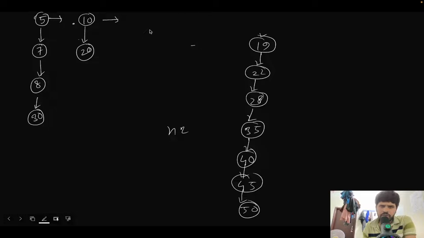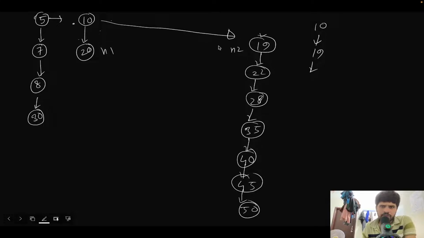Now we can consider this is our second linked list and this is our first linked list. Now we can merge that using a similar rule. First we'll have 10, let's call it n1 and n2. Now let's move n1 right here. The minimum is 19, so let's take 19.